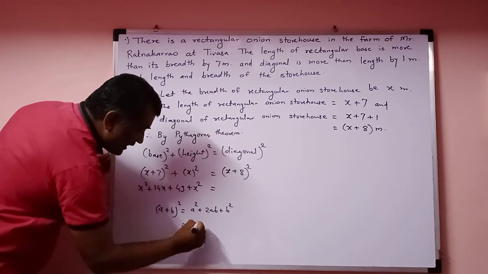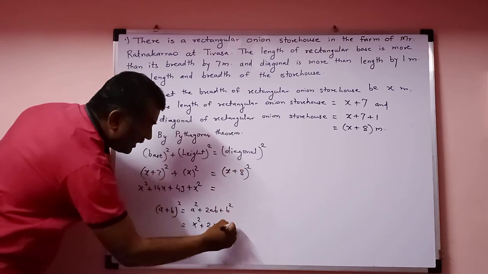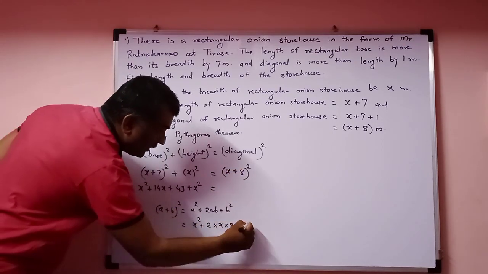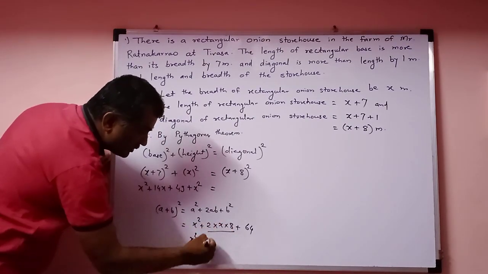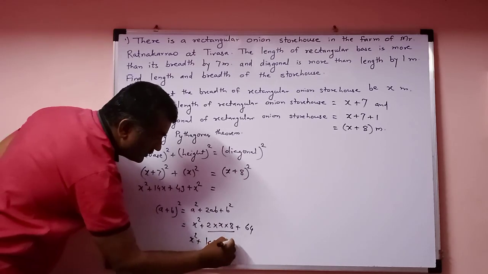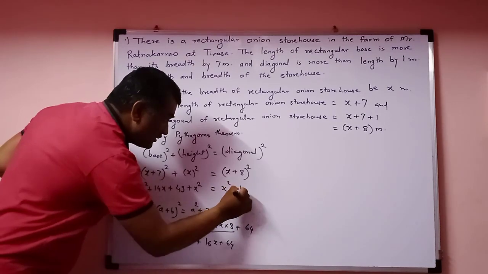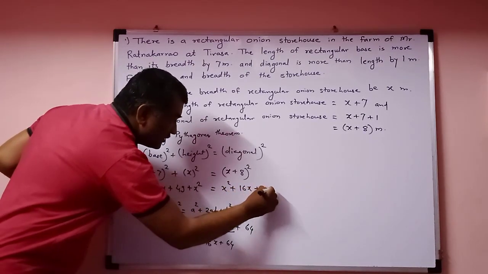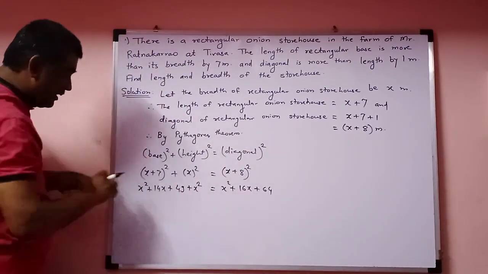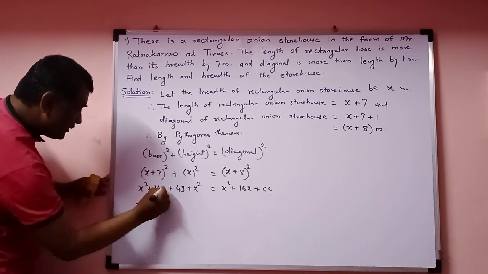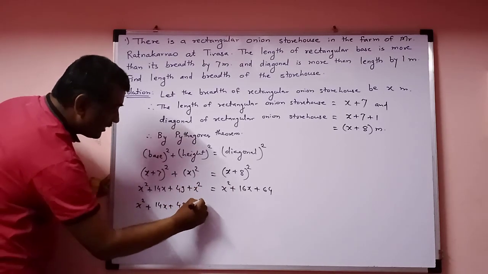A square means x square plus 2 into value of a x into value of b 8 plus b square means 8 square 64. x square plus 8 2s are 16x plus 64. (x plus 8) whole square is equal to x square plus 16x plus 64. x square plus 14x plus 49 plus x square.